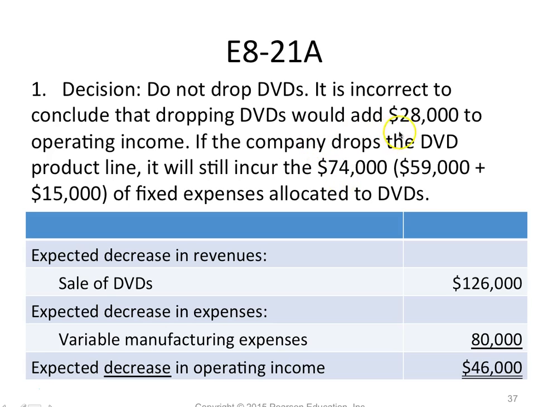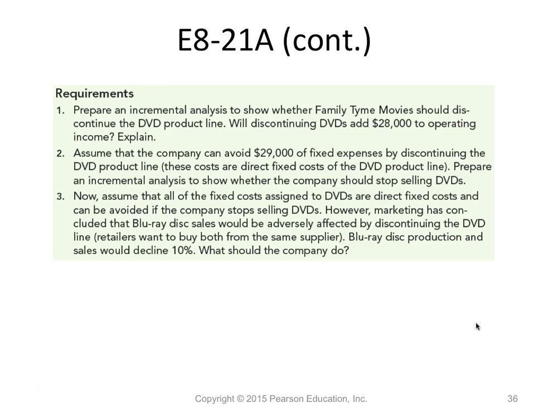If we do not drop, we're going to lose 28. If we drop, we're going to lose 74. So it's pretty easy to understand that we are really not going to drop that. Okay, these numbers are from the previous one. 126.